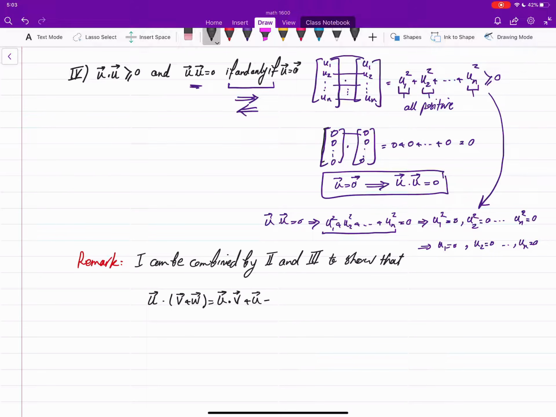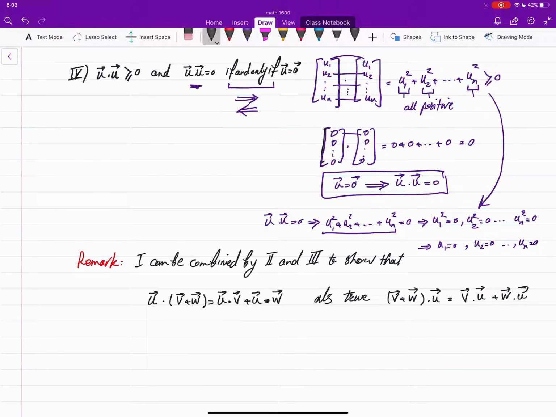Yes, but this is also true from the left. So if you have v plus w dot u, this will also be v dot u plus w dot u.